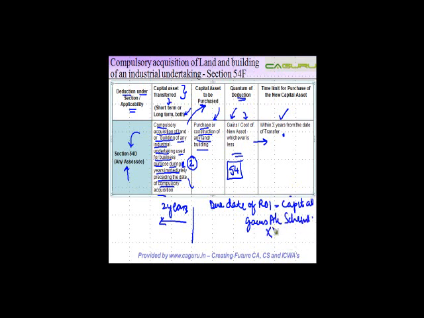Okay, if you don't do this, no exemption is available, right? If you do this, but you ultimately also don't realize or don't invest in this new capital asset, then again, you can withdraw this amount from the capital gains account scheme, but it is taxable. Okay, so whatever exemption is given to you earlier becomes taxable.